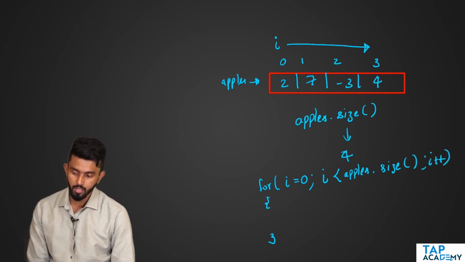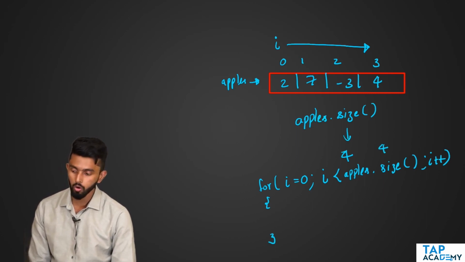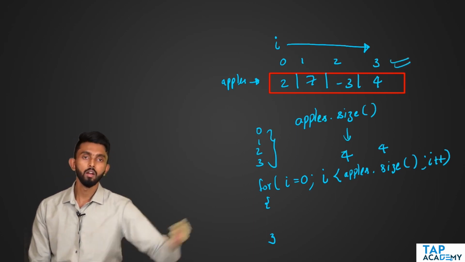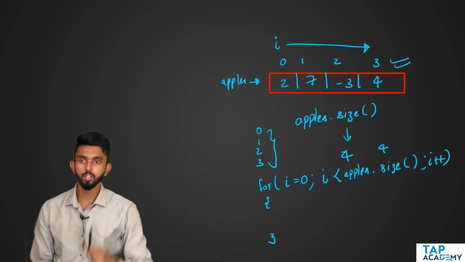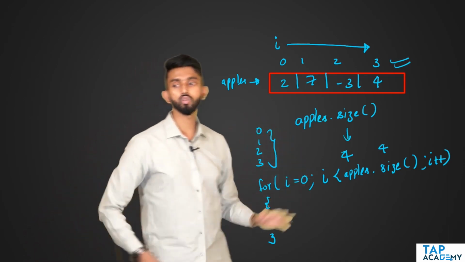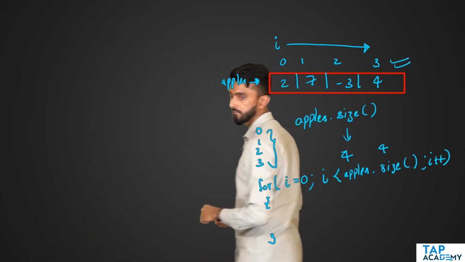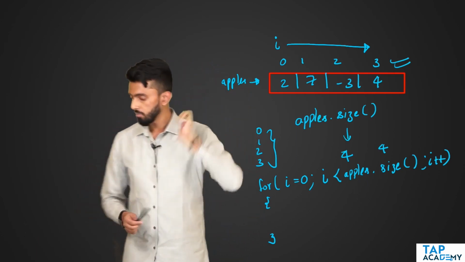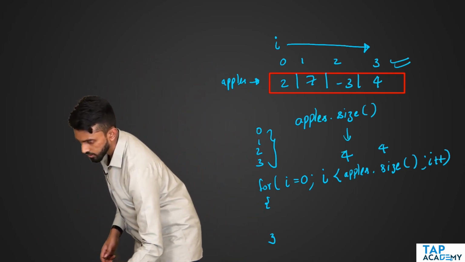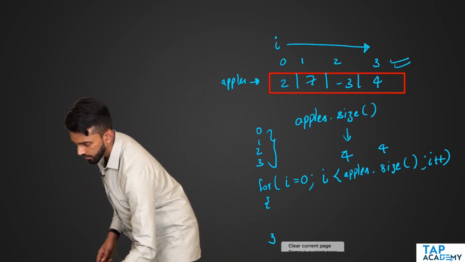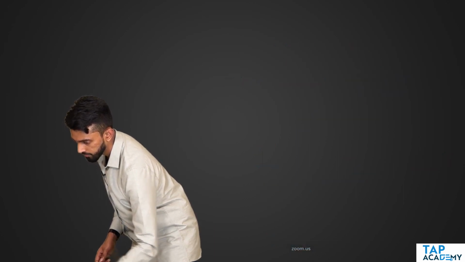So apples dot size will give you 4, so 0 to less than 4 means 0, 1, 2, 3, and these are nothing but your indexes. Did you understand this code? Put yes in the chat if you understood this. Yes? Beautiful. Great. So let us go ahead and solve it.